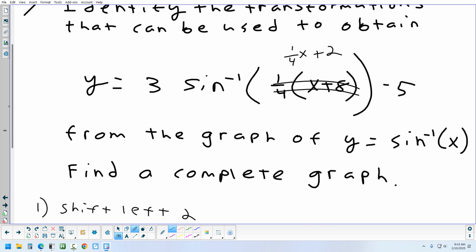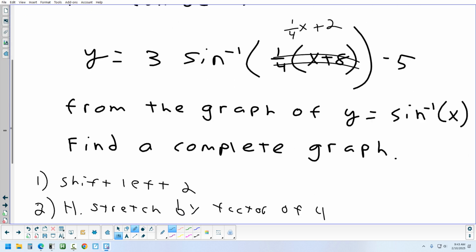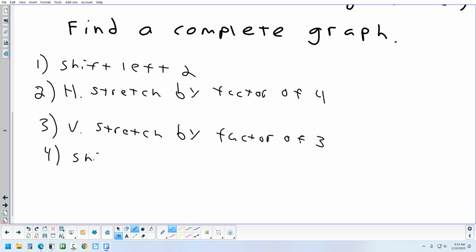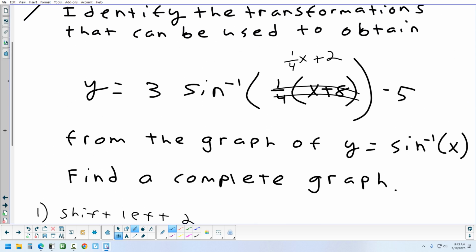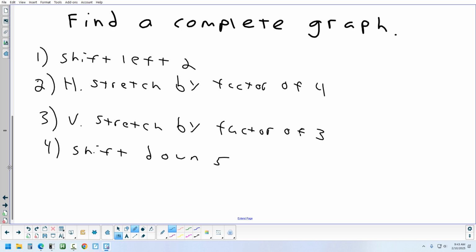And the last one, the -5, is going to shift down 5. And there's your 4 transformations. No domain and range. Okay, any question on that?